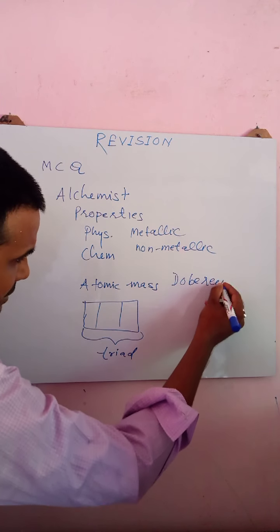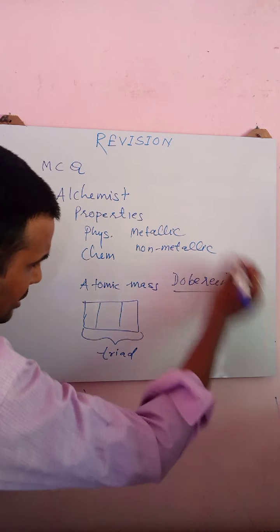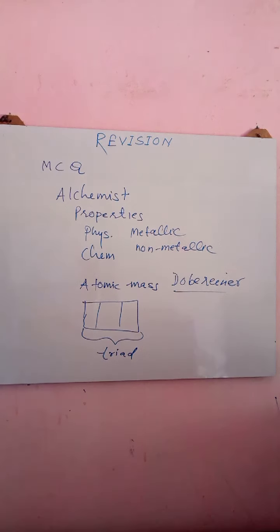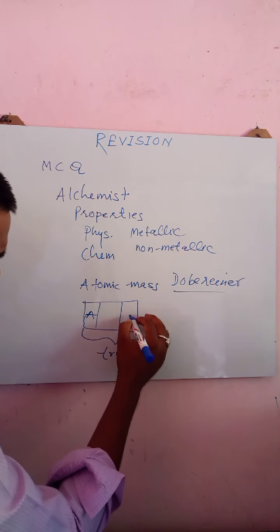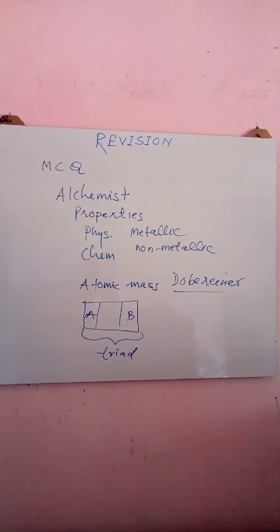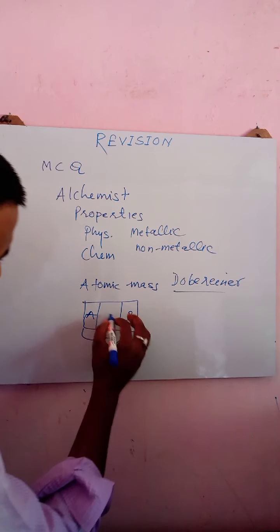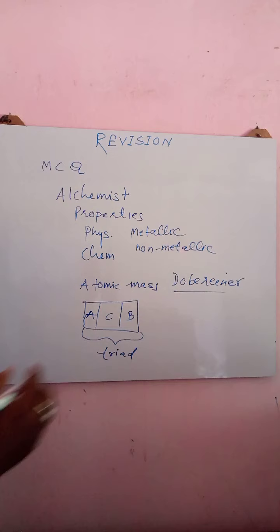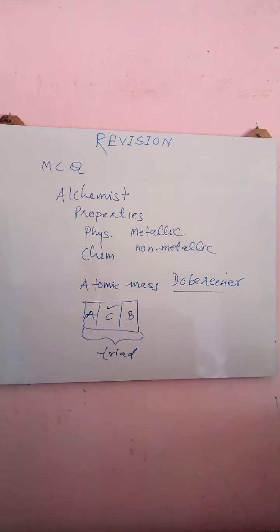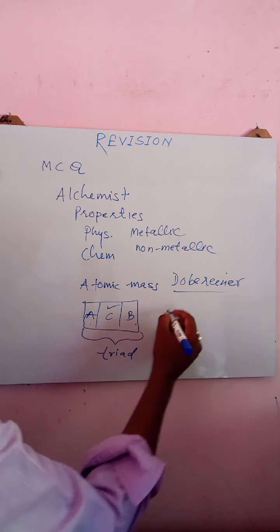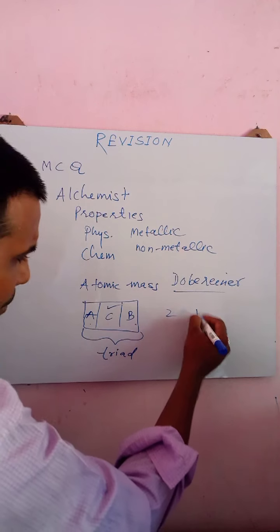Dobereiner classified the elements on the basis of atomic mass into groups of 3 elements called triads, right? The atomic mass of the first and last element is known, okay? Suppose C is present in the middle, and the mass of C will be the arithmetic mean of A and B. Suppose the mass of A is 2 and the mass of B is 3.